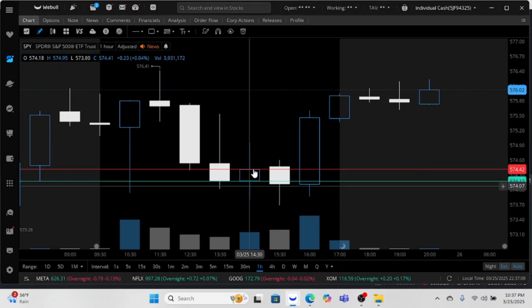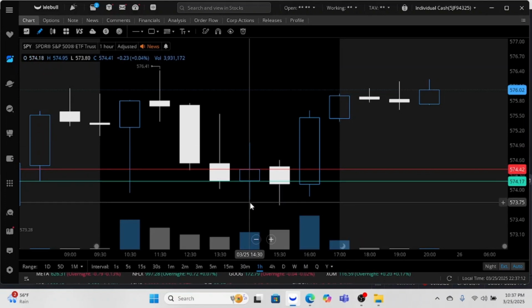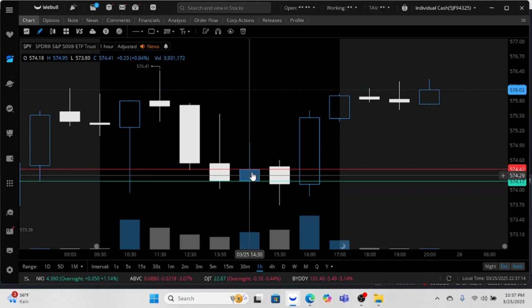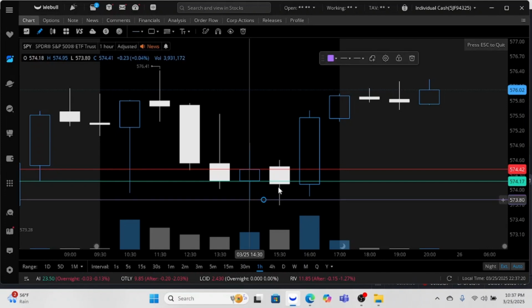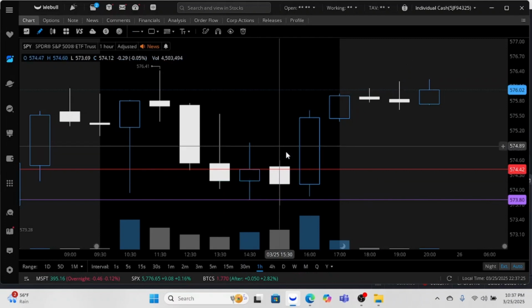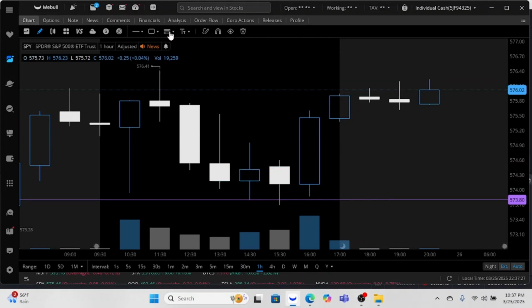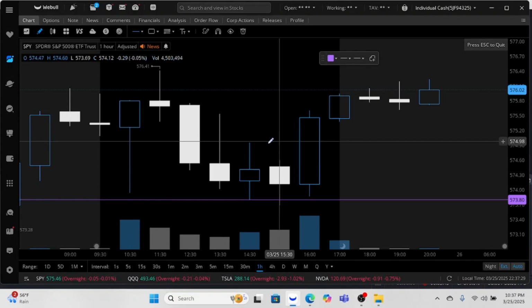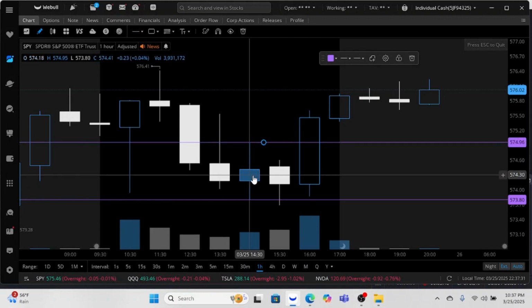And now you're probably wondering about the wicks. Now with the wicks, during that 1 hour, price moved down at the lowest point down to here. Just remove these. And the highest that it moved in that period was right here.